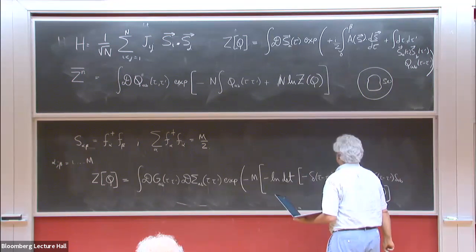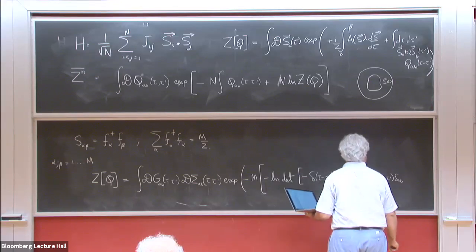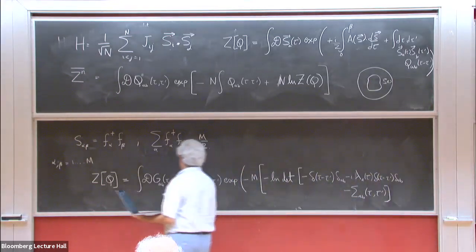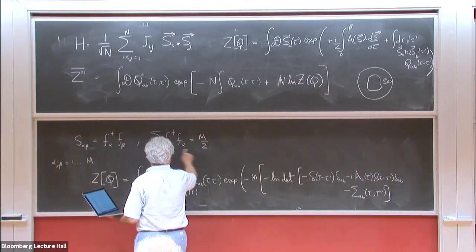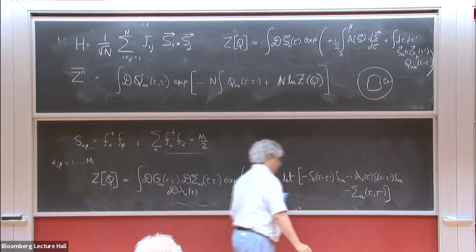Lambda is the Lagrange multiplier that imposes the constraint. That's not so important.